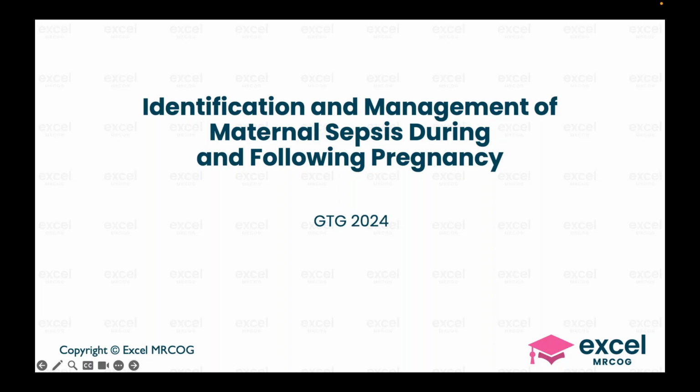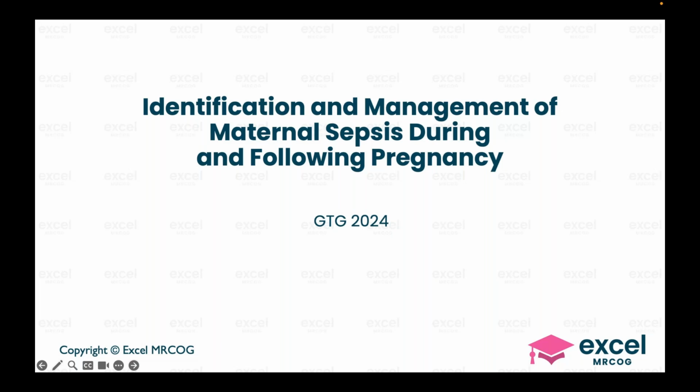For MRCOG Part 3, typically you could have a scenario given to you which has certain clinical features that are suggestive of a possible sepsis, and you may need to explain the management.